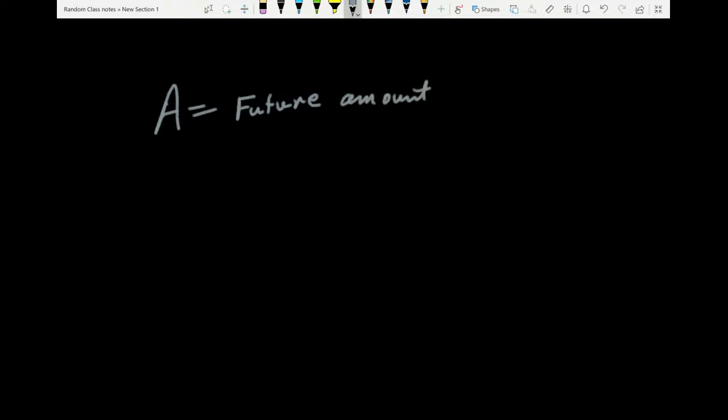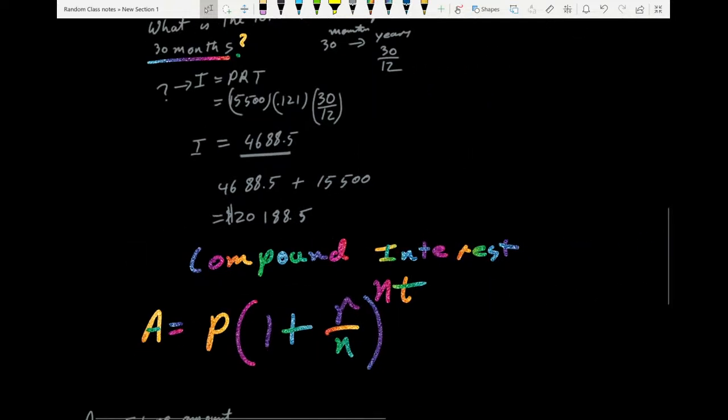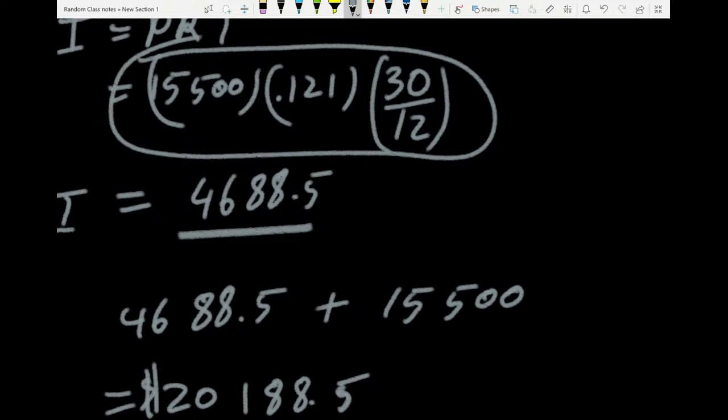Guys, have your calculator out and ready. This step right over here, I just plugged it in one step into the calculator. That's all I did. I substituted and plugged in all the numbers and just multiplied. There wasn't any algebra over here.